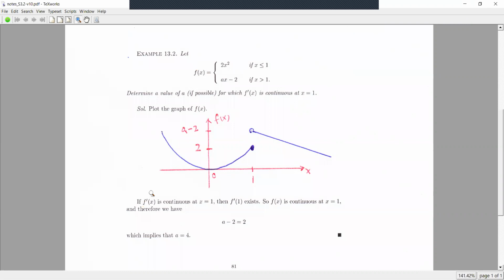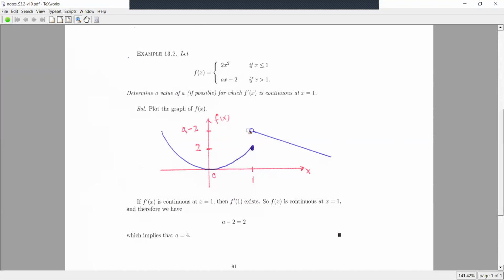Now, if the derivative function is continuous at 1, then derivative at 1 exists. Otherwise, the graph of this function will have an open dot at the point 1, and the graph is not continuous at the point 1. Now, derivative at 1 exists. The graph of the function f must be continuous at 1.